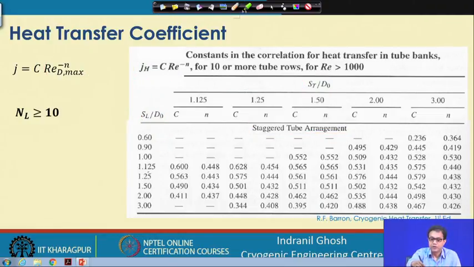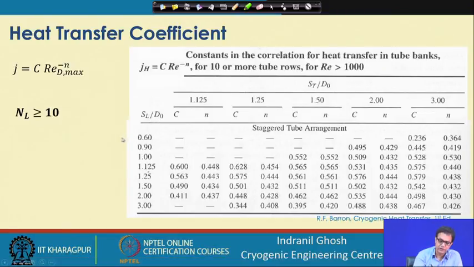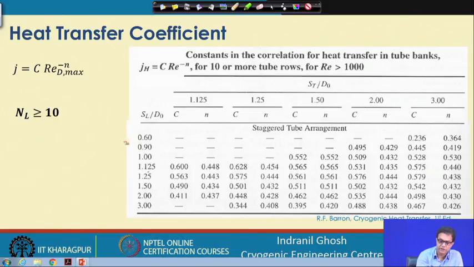Now, this is something like discrete positions, say for example S_L by d_0 is 0.6 and 0.9.